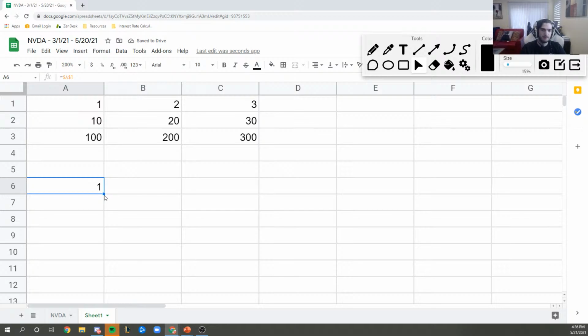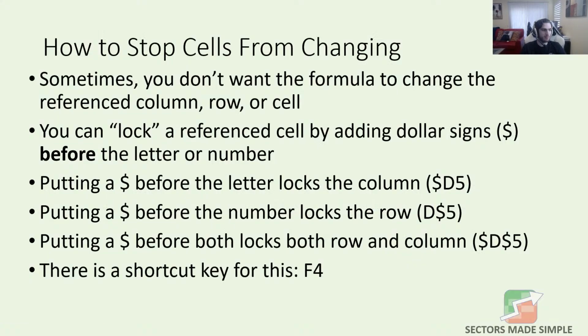So now, if we go down, it doesn't change, and if we go right, it does not change. So to just repeat everything, putting a $ sign before the letter makes it so our left to right does not change. It locks the letter, the column, the left and right.